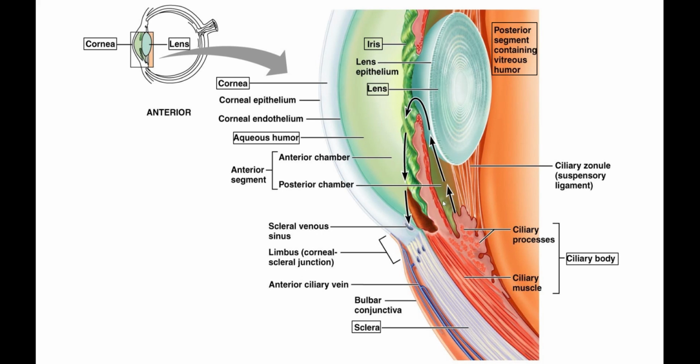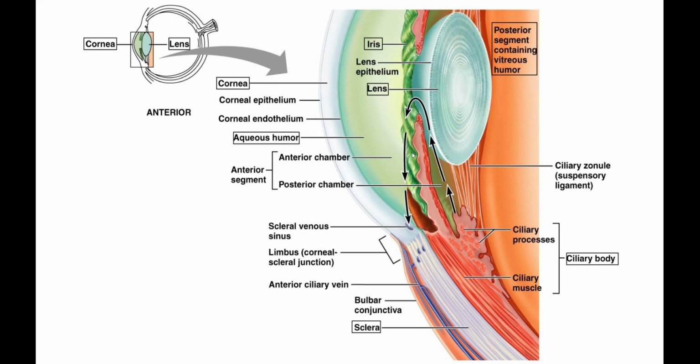And then behind the iris, but in front of the lens, that is the posterior chamber of the anterior segment. The aqueous humor flows through down this sinus here, but don't worry about that. Just know that this is where the aqueous humor is in the anterior segment.